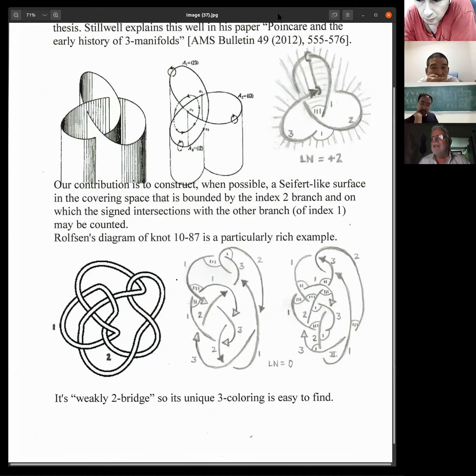And as it happens and always happens, the index 1 curve, when you've done one of these constructions, intersects the Seifert-like surface that bounds the index 2 curve exactly over all of the untwisted crossings. And I've labeled them here plus or minus, depending on which way the index 1 curve goes through the disk that co-bounds part of the index 2 curve.